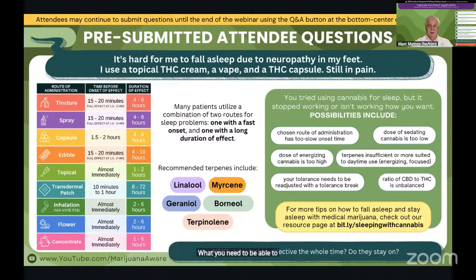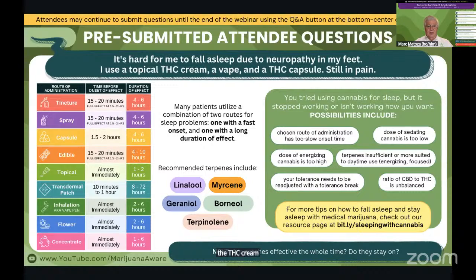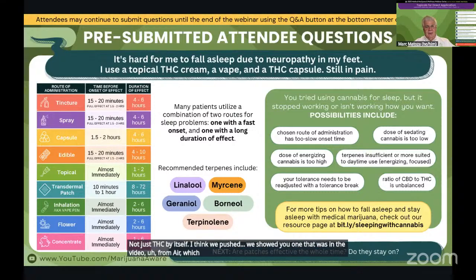Now, I should mention that the THC cream or the balm that you use should be something that really helps quite a bit. And what I would do is replace the THC cream with a cream that's both a one-to-one, not just THC by itself. I think we showed you one in the video from AYR, and they have a very good topical cream that'll help.